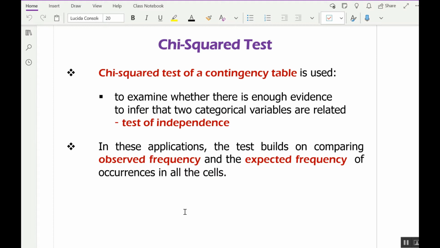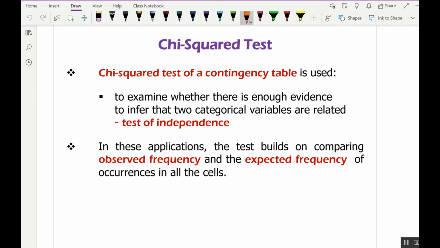Basically, the chi-squared test of contingency table is used to examine whether there is enough evidence to infer that two categorical or nominal variables are related or not. For example, maybe car type 1 or type 2, so categorical variables.